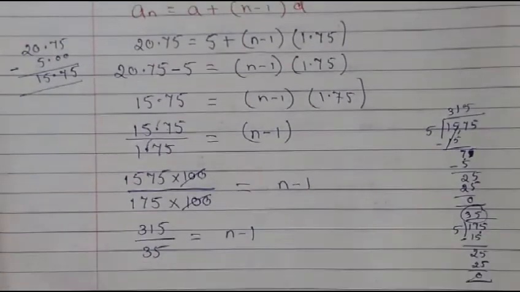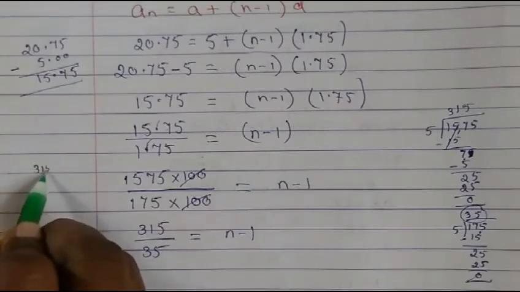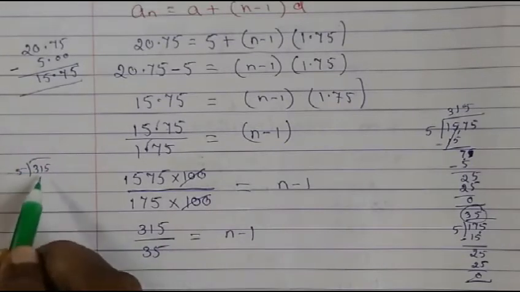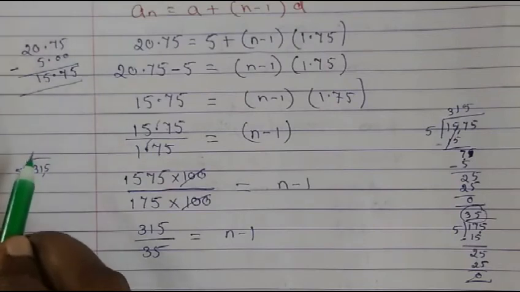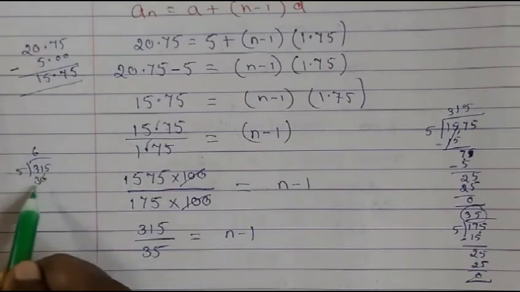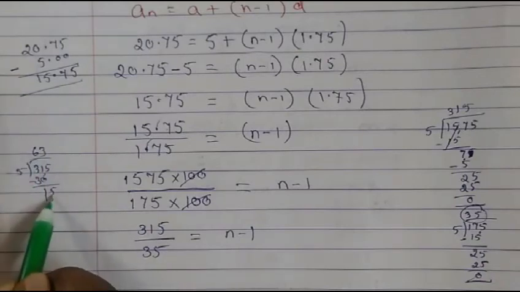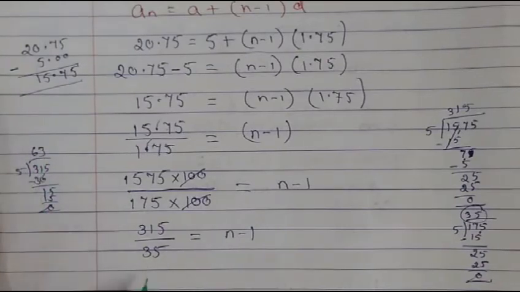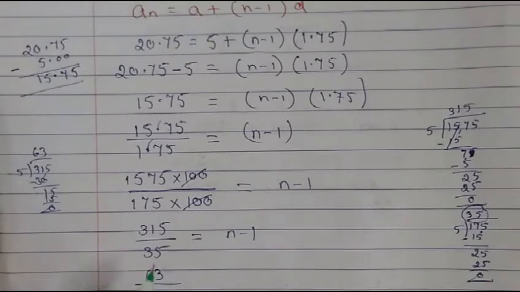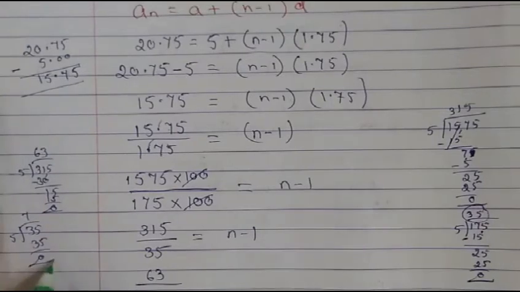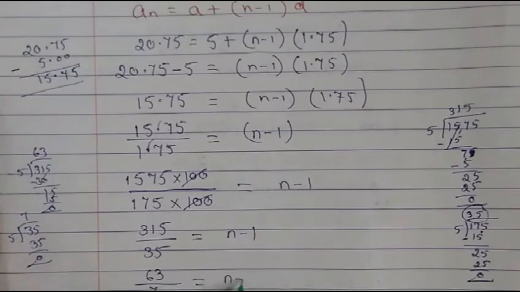So now again with table 5 you can divide this 315, then you will get 63. So 6 5s are 30, 1, this 5 is there, 3 times 5 will give us 15. So 63 again. Now 35 you divide with 5, 5 7s are 35. So it will be 7.